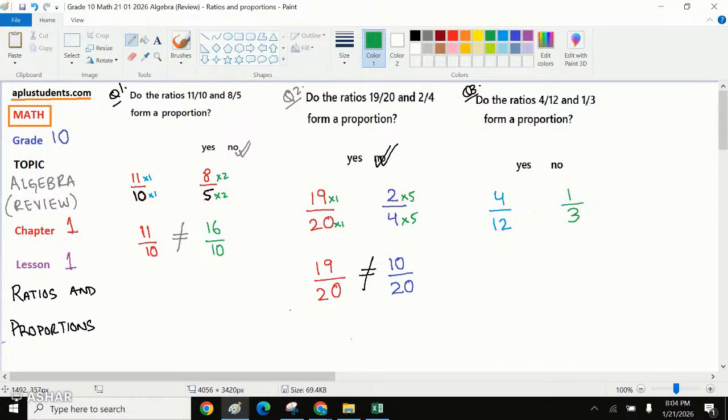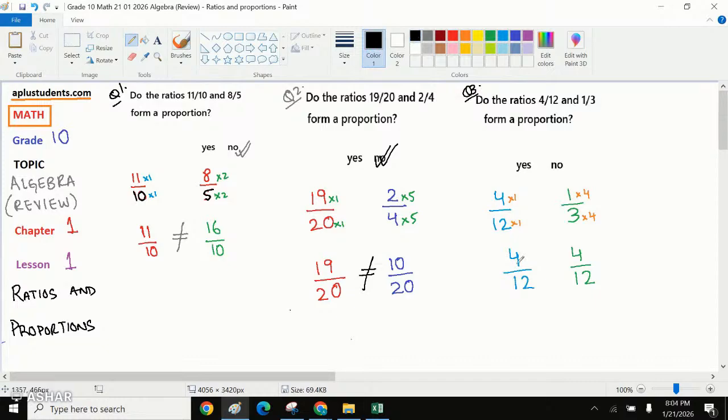But since 12 can be perfectly divided by 3, the denominator 3 is multiplied by 4, and the numerator is multiplied by 4 as well. What we can see is 4 upon 12, and this is 1 multiplied by 4 is 4 upon 12.